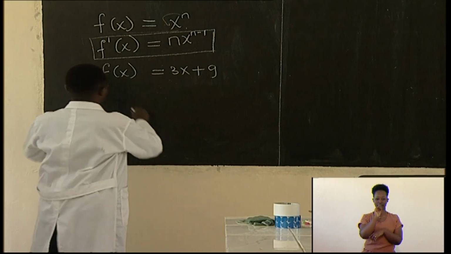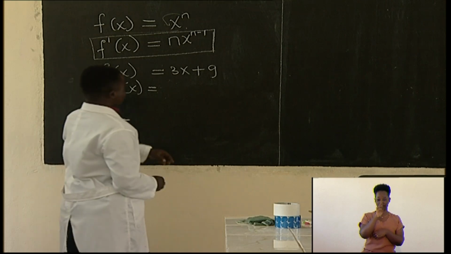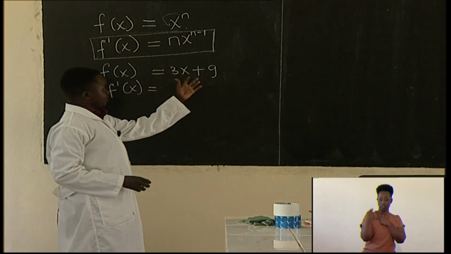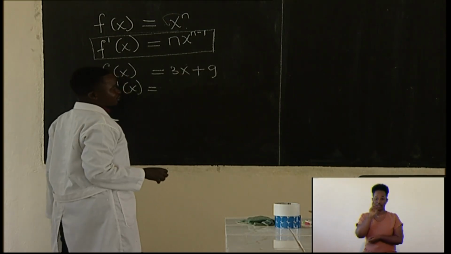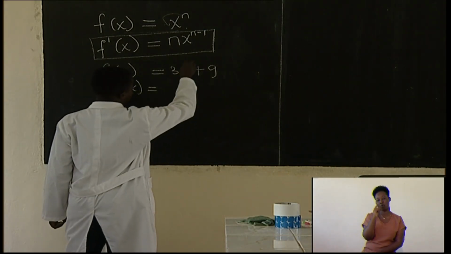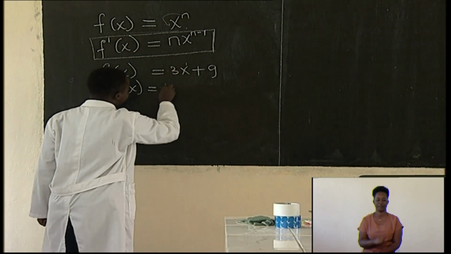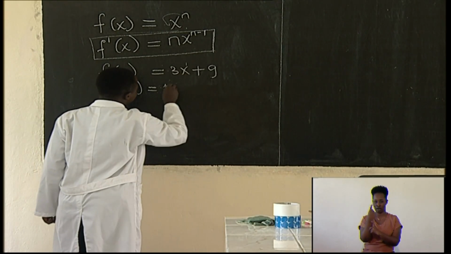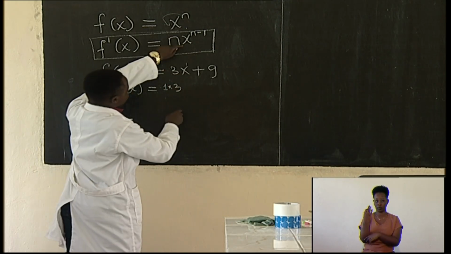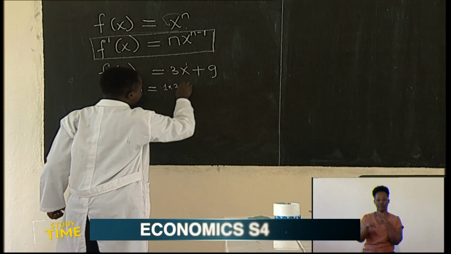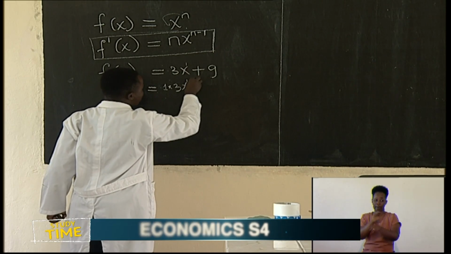If you try to differentiate this, our x has a power of 1. Any number to power 1 is that number. So you bring that 1 here, then times this 3 that we have, following this general rule, then times x, and remember our x is power 1 minus 1.